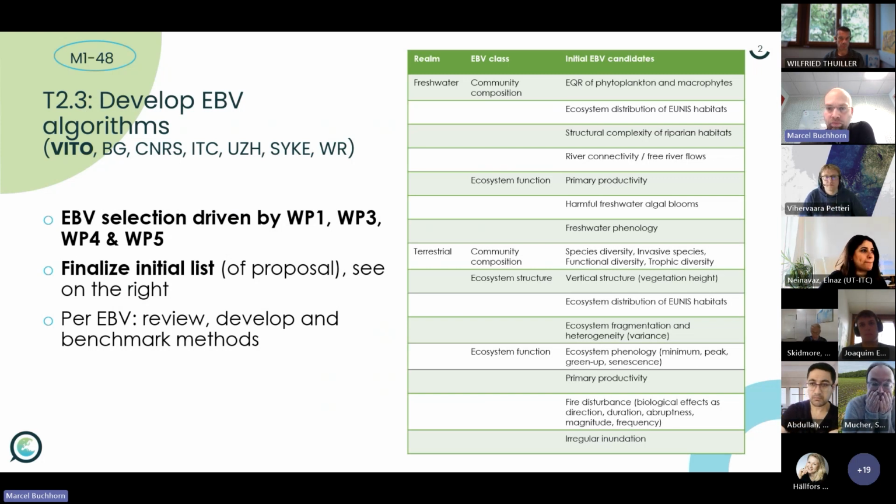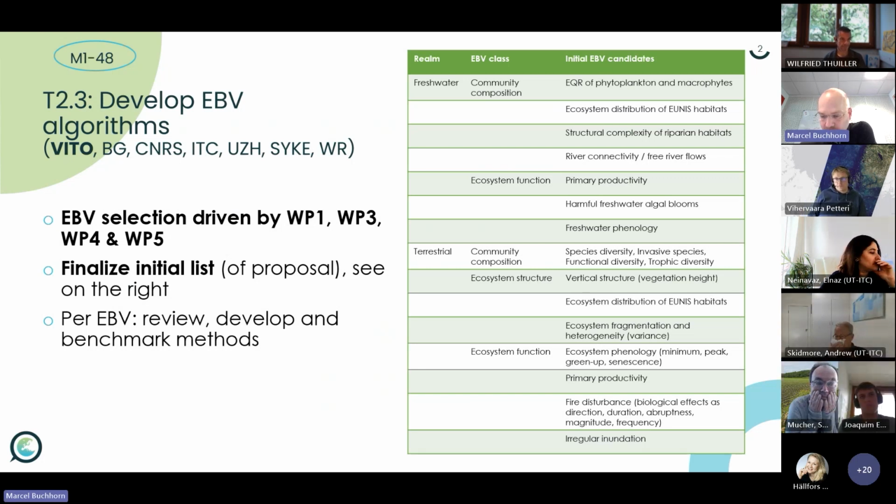So we will revise this list, and mainly what we want to come up with is which EBVs we can generate within the project, and which remote sensing biodiversity products we can also produce, which don't have to go directly into one of the EBVs in the end.